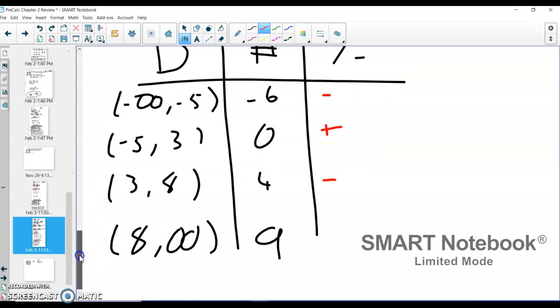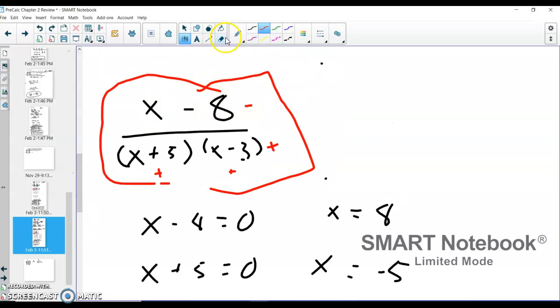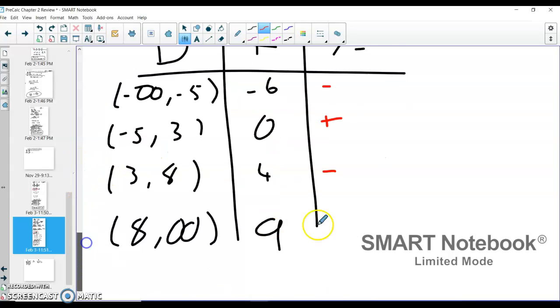And then plugging in 9, the last one here, I get 9 minus 8, that's a positive. 9 plus 5, that's a positive. 9 minus 3, that's a positive, which the outcome then is positive. So positive divided by positive there, that's going to be positive.